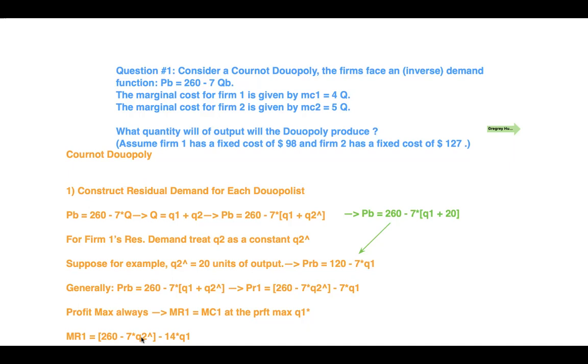And typically, when you're studying oligopoly, four or fewer firms is usually considered an oligopoly. Once you get between like 4 and 8 firms, then the market power, which would be measured by the markup of price over marginal cost, quickly deteriorates.